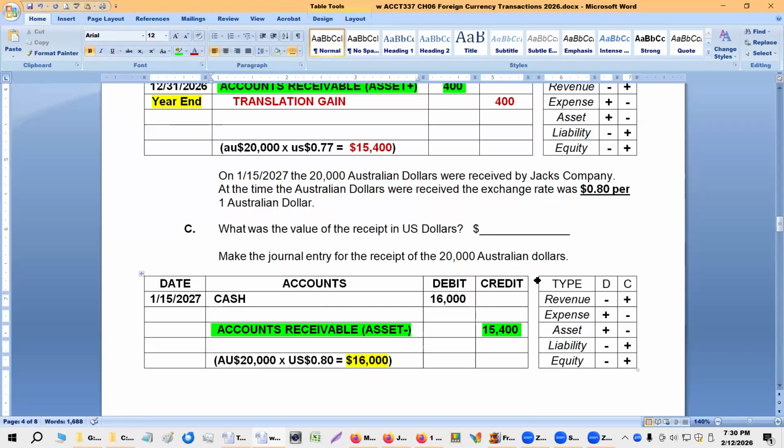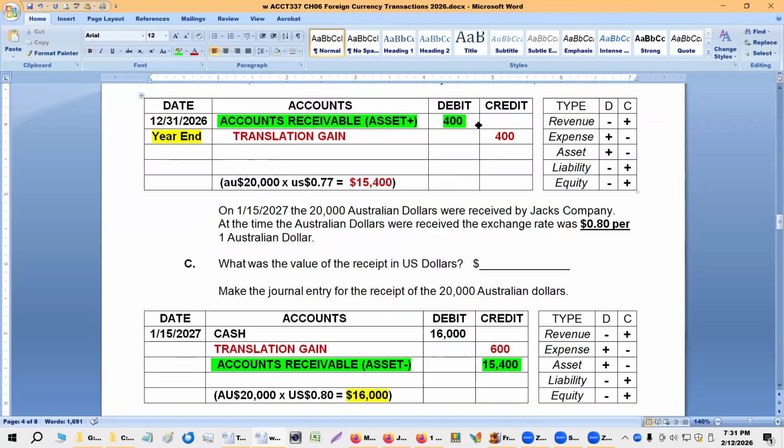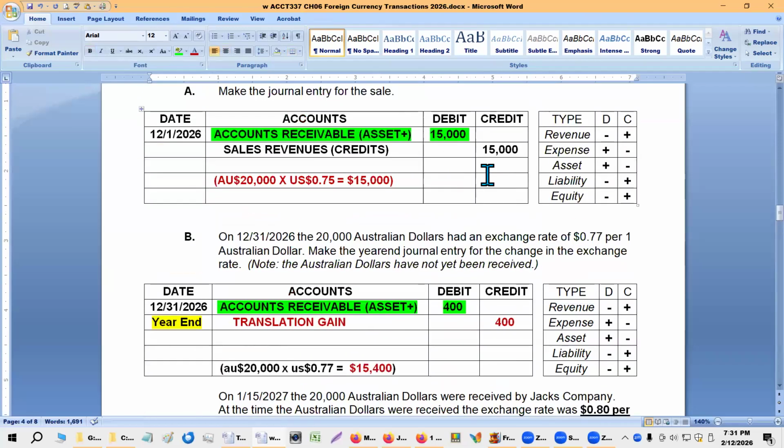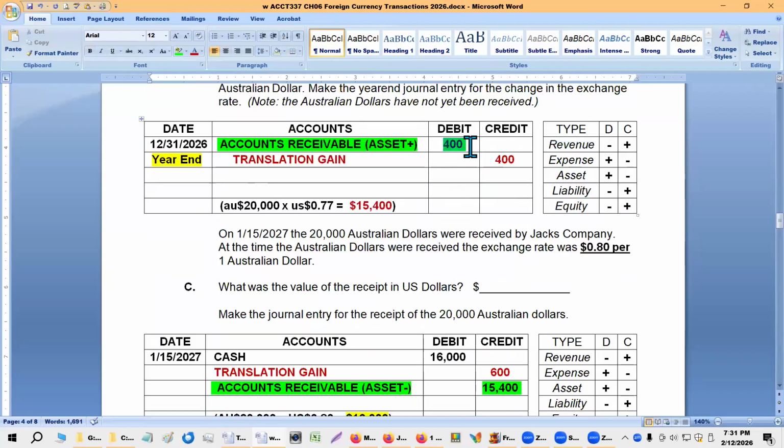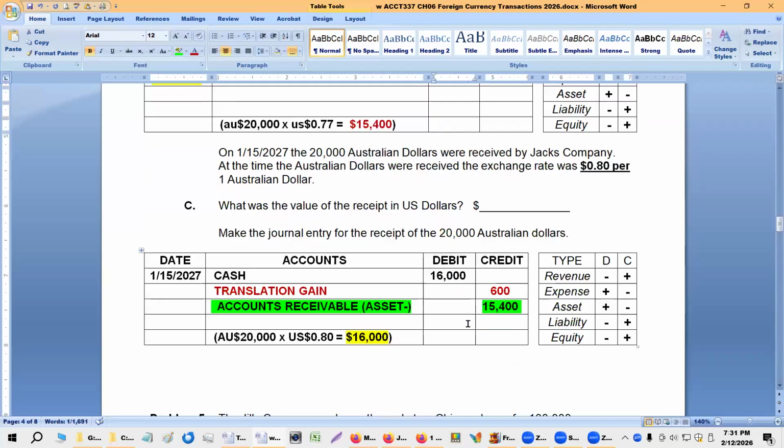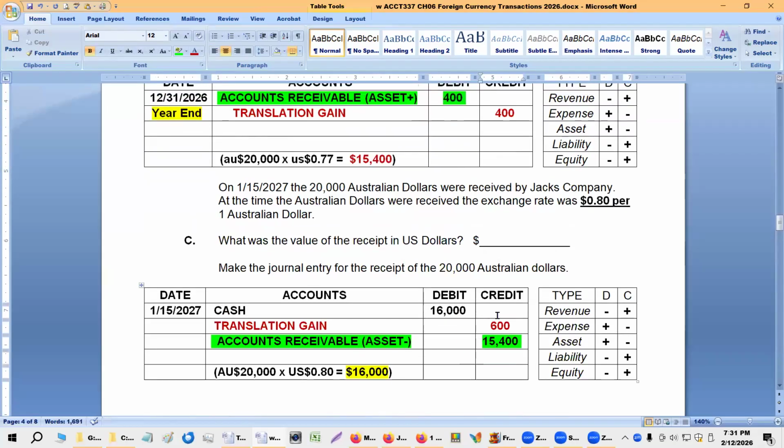Yep. So we have a translation gain of 600, and notice we got these in the correct period. Overall, it went up by 1,000 US dollars, but 400 of that was in 2026, and 600 of that was in 2027.